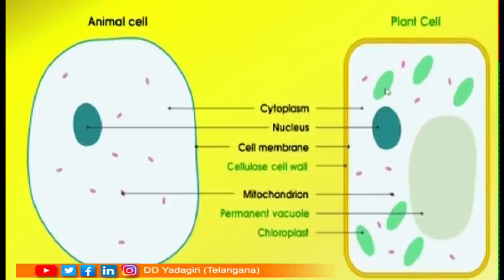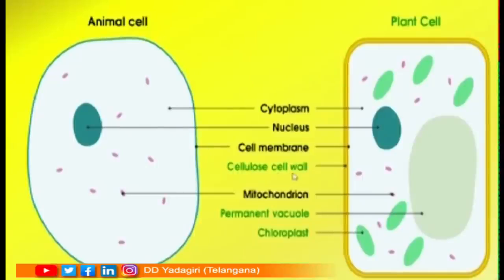Here this chloroplast plays an important role to make food. That is why plants are autotrophs. Absent in animal cell. That is why the animal is unable to prepare its own food and depends on other organisms for food. Animals are heterotrophs.